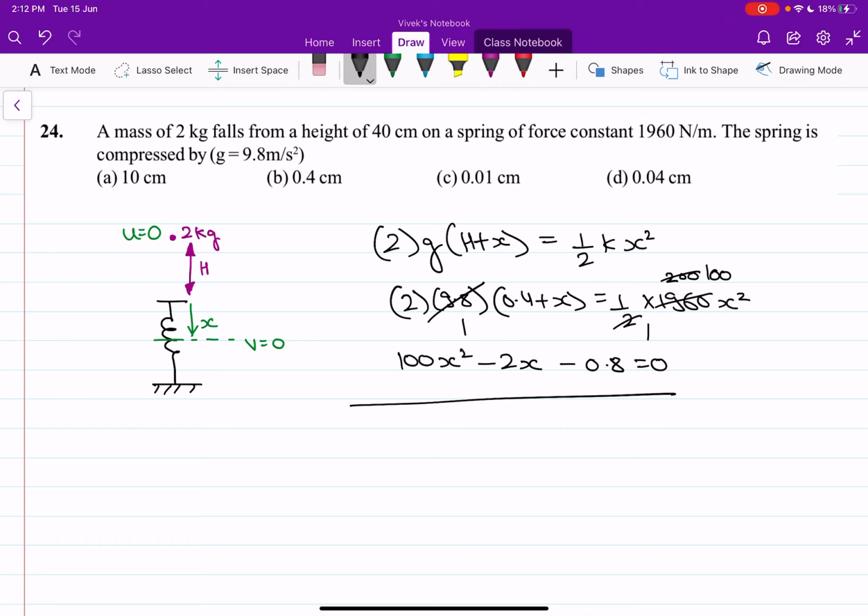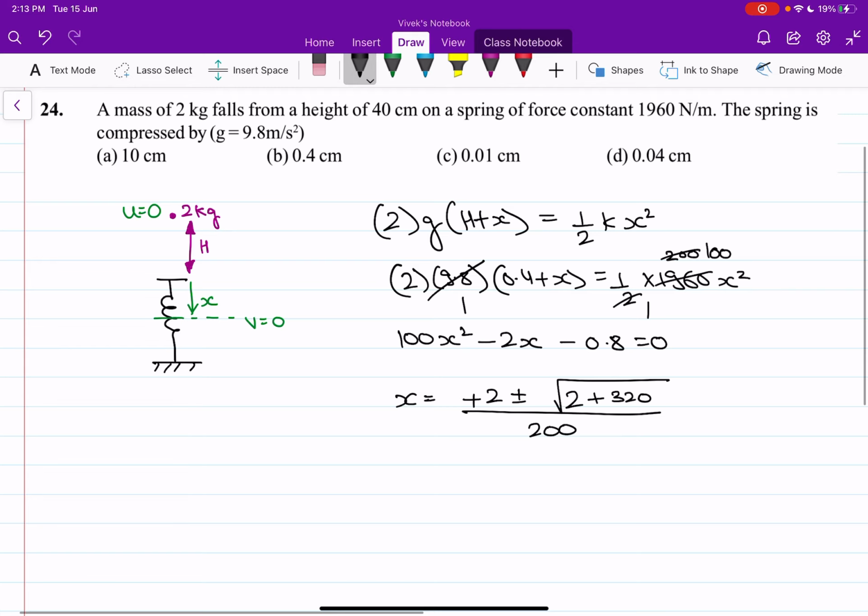Now you need to solve this quadratic. So x is equal to minus b plus minus root of b squared minus 4ac, divided by 2a. Now this won't give us exact roots, it would give us estimates.